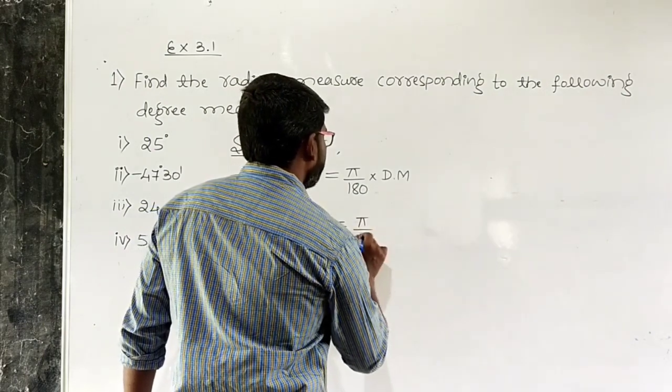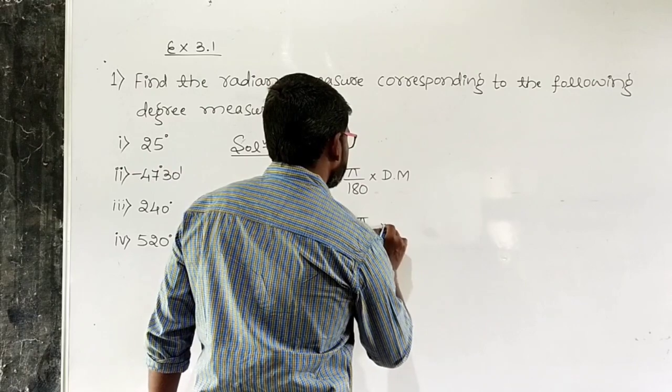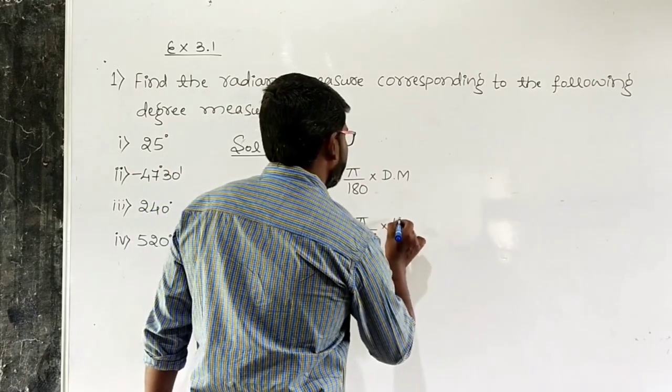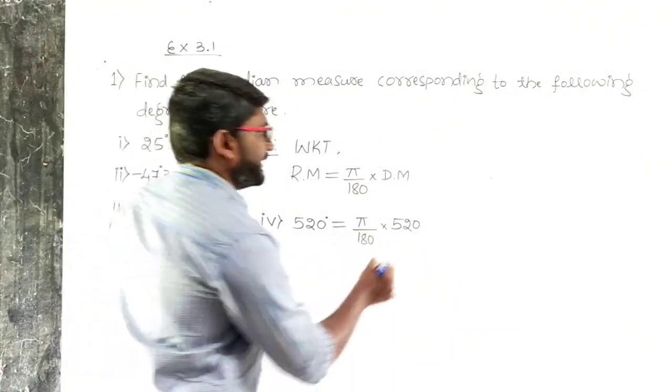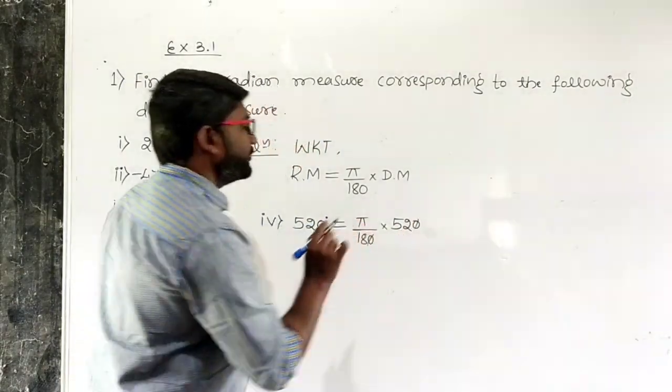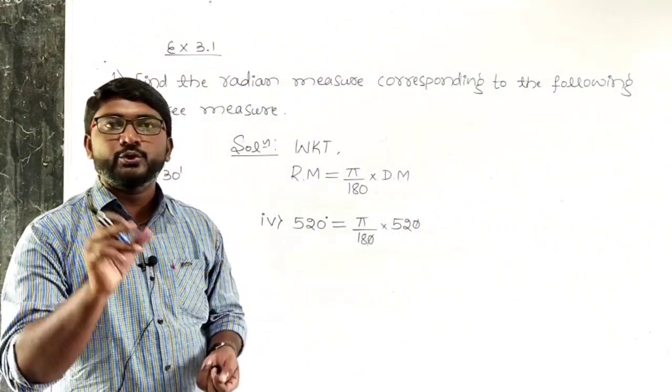So pi divided by 180 degree into 520. So now again 0 and 0 get cancelled. Now these two get cancelled in the 2's table.